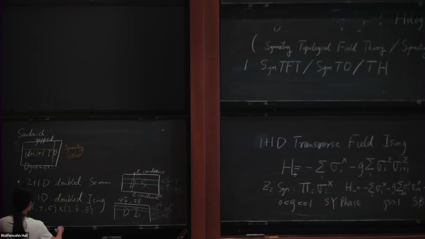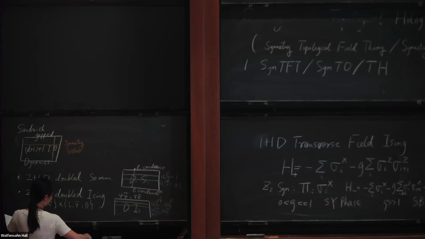So the symmetry satisfies the fusion rule of sigma and sigma fusing to 1 plus psi. Well, psi is a Z2 symmetry, a normal Z2 symmetry, but sigma is a non-invertible symmetry. And this is a way to realize the Kramers-Wannier as a non-invertible symmetry with the sandwich.